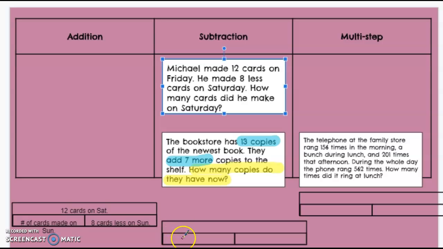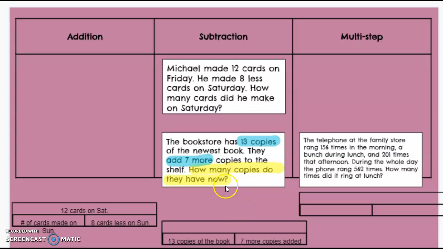If you have 13 and you add 7 more, 13 copies of the book, 7 more copies added. 13 is not my total. I want to figure out how many they have now. Sometimes when it says how many they have now, sometimes you're going to subtract, sometimes you're going to add, sometimes you'll multiply.